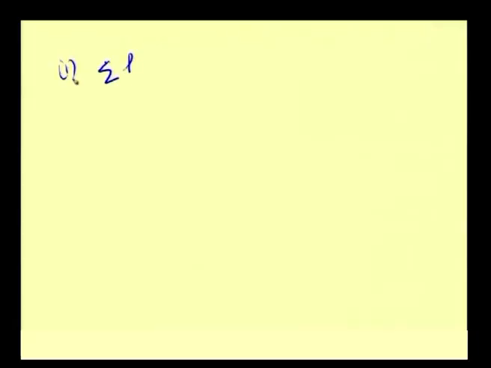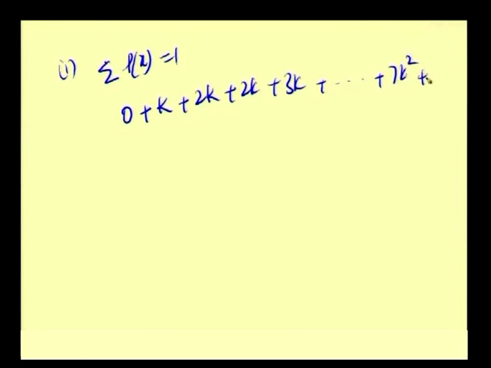Let us first find the k value. Again, total summation P of x is equal to 1, that is adding 0 plus k plus 2k plus 2k plus 3k plus etc., whatever is given here, plus 7k square plus k is equal to 1.